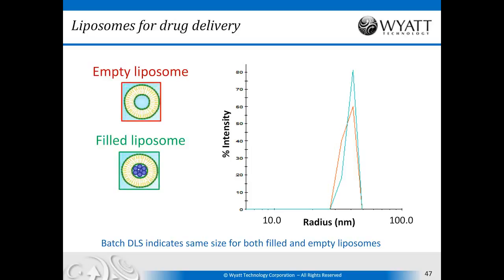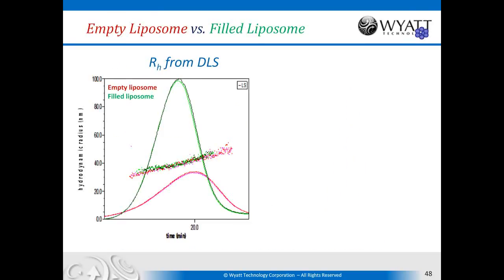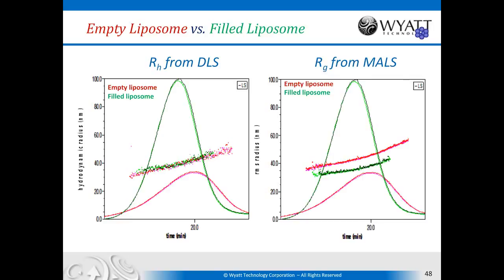So there's no information to be had there. On the other hand, if we utilize this technique of separation with FFF and online measurement of both MALS and DLS, we can get some useful information. So again, RH measured by DLS on these separations are identical for filled and empty, just like in the batch measurement, but RG is different.